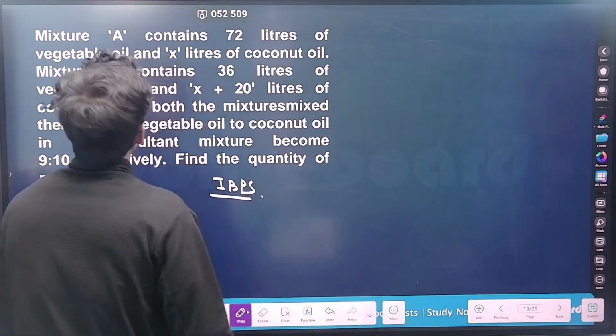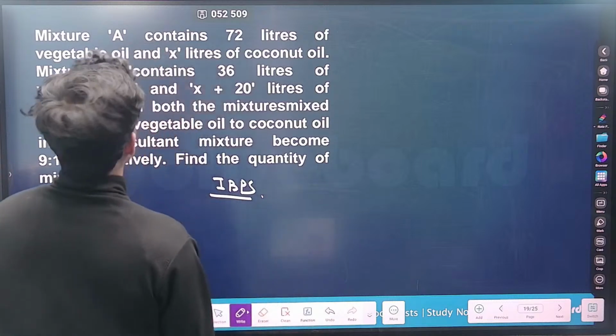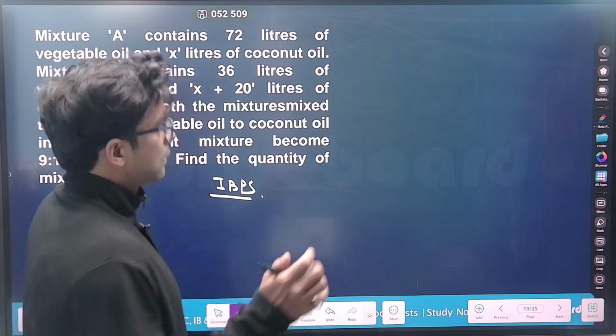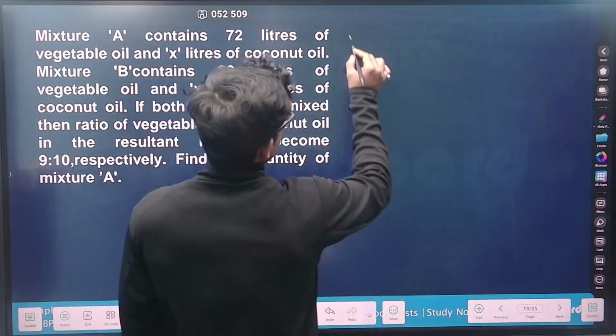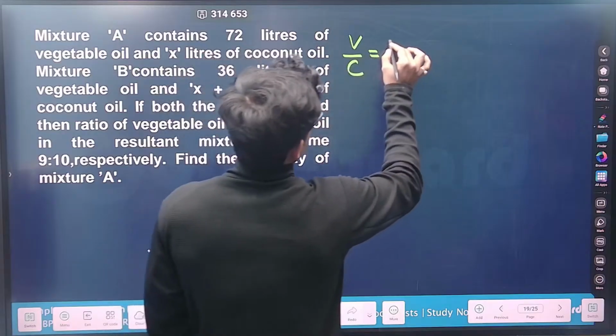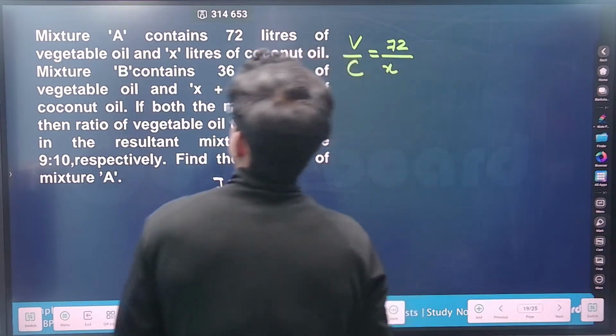So let's see. Mixture A contains 72 liters of vegetable oil and X liters of coconut oil. So basically it contains vegetable and coconut, I would write. First is vegetable and then coconut.